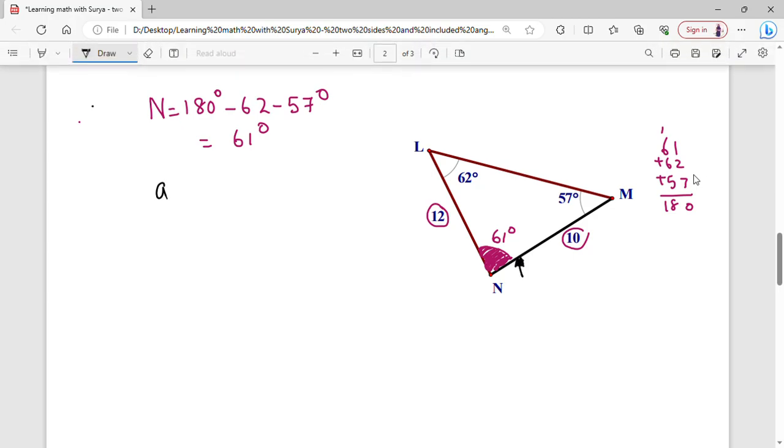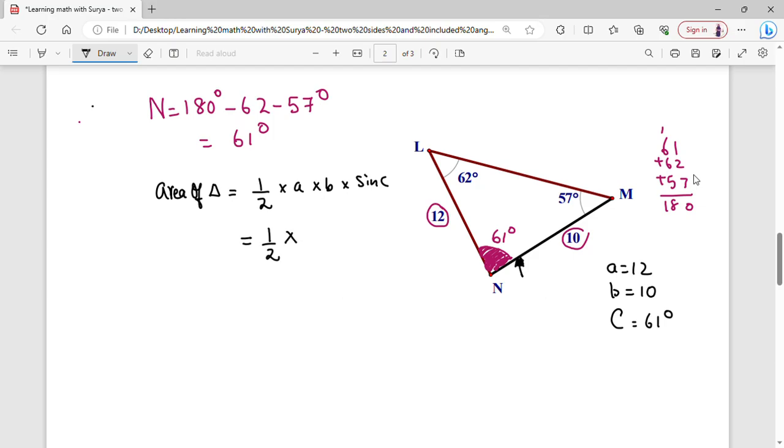So area of triangle LMN is half into A into B into sine C, but my A is here 12, my B is 10, and my angle C is 61 degrees. So let me make the correct substitutions.